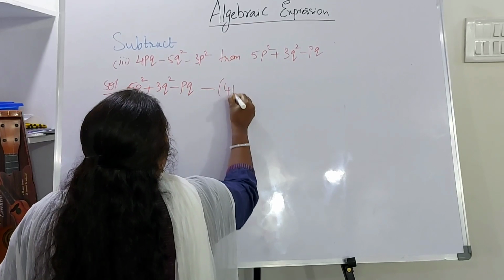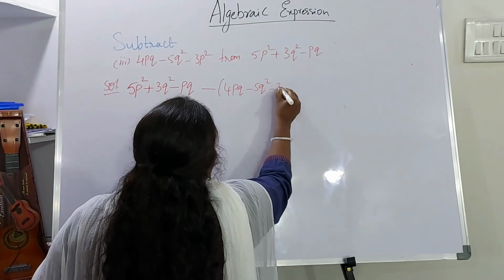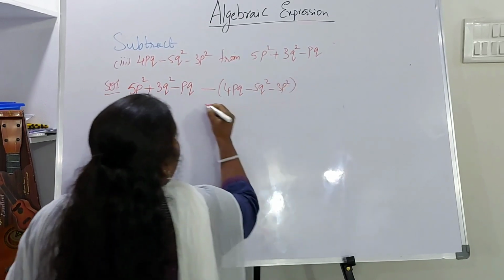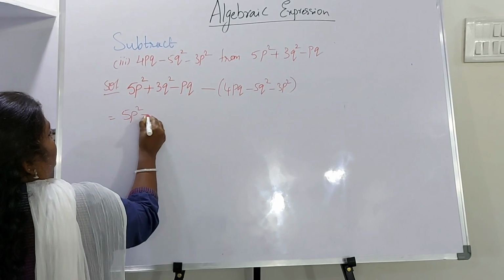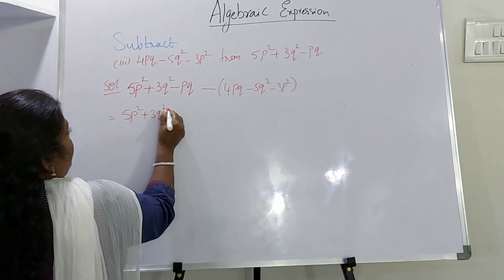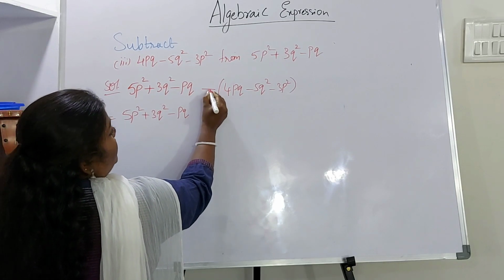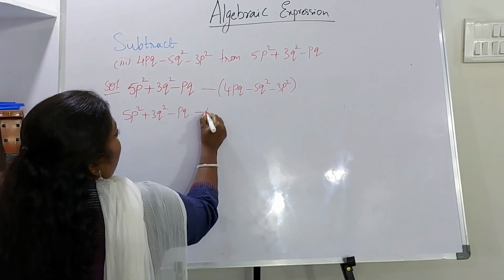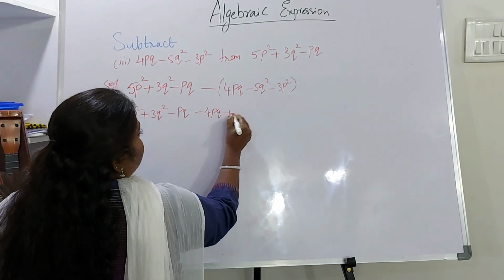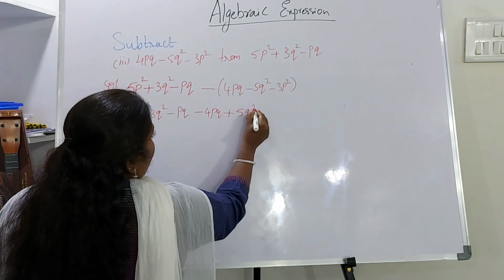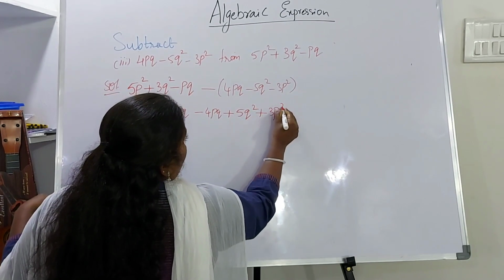It is 4pq minus of 5q square minus 3p square. Now remove the bracket. So 5p square plus 3q square minus pq. Now here plus into minus into plus is minus 4pq, minus into minus is plus 5q square, minus into minus is plus 3p square.